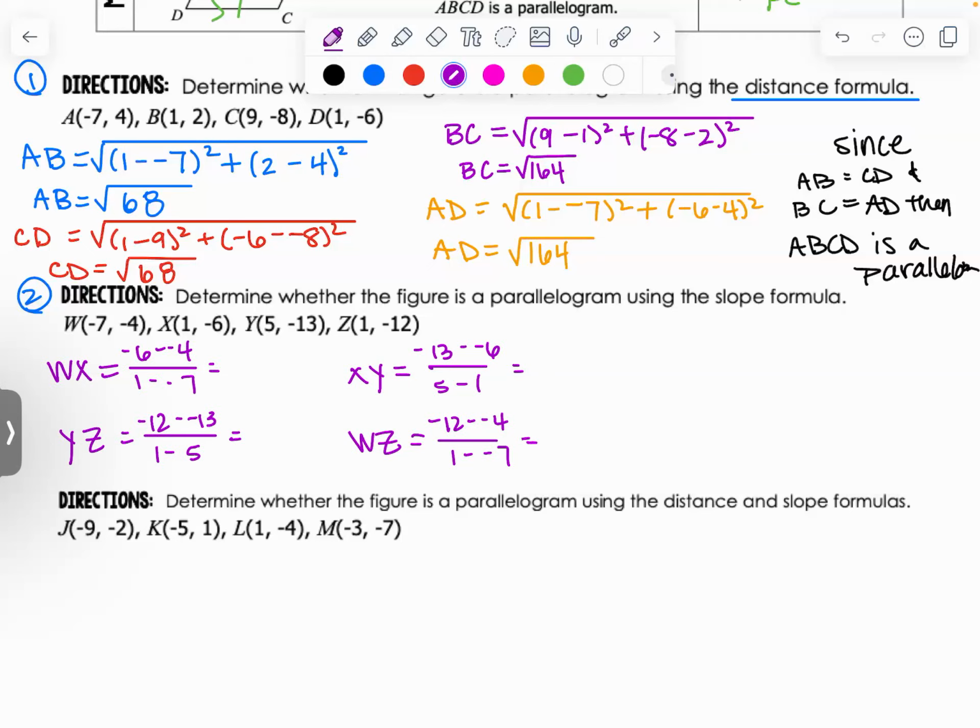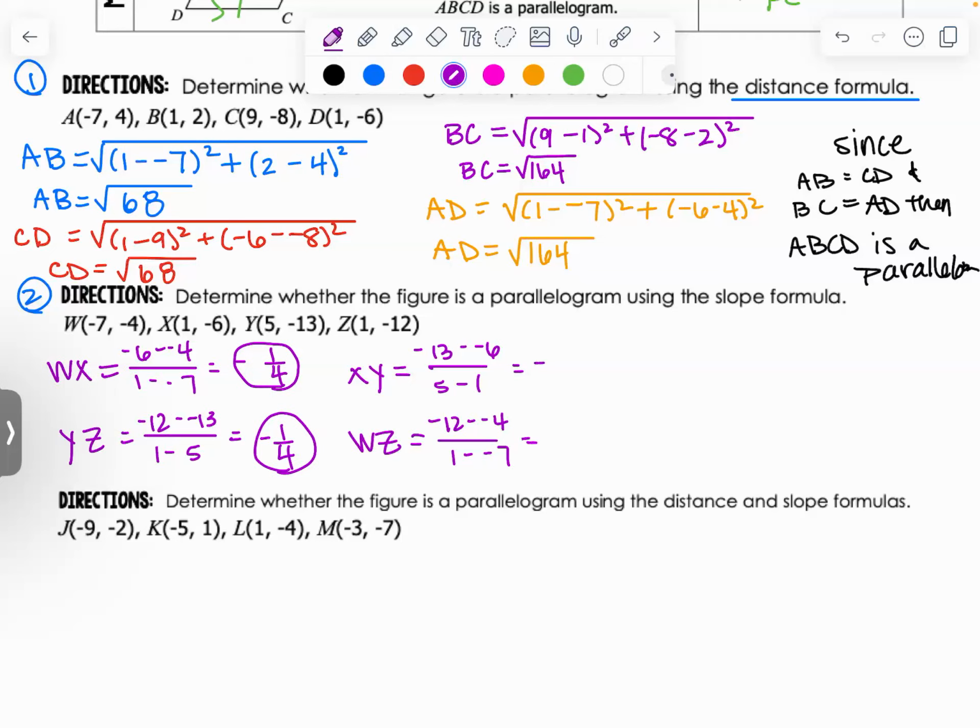All right, WX, what are we getting for that slope? -1/4? Did you get -1/4 for YZ? Yes. Okay, that's good, right? So we have one set of sides parallel. What about for XY?